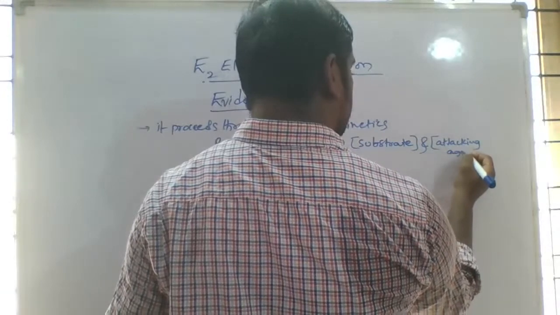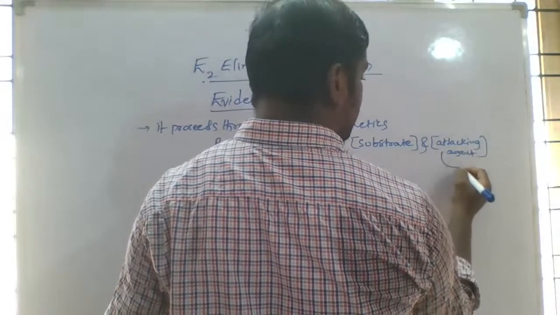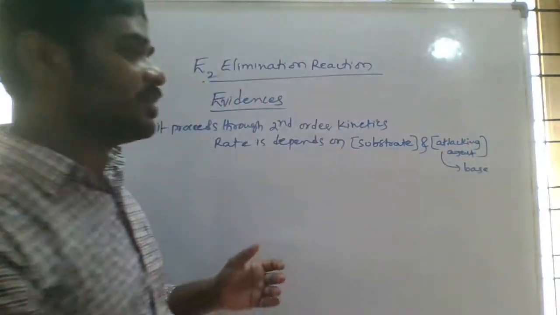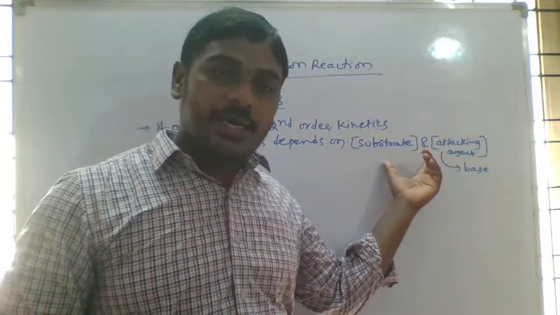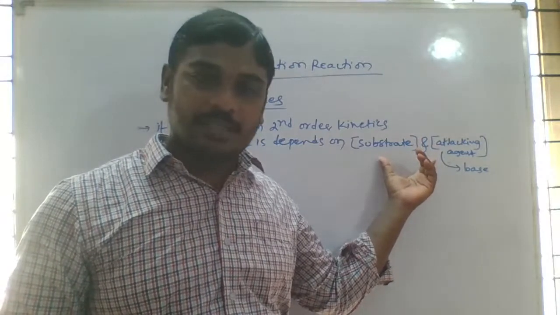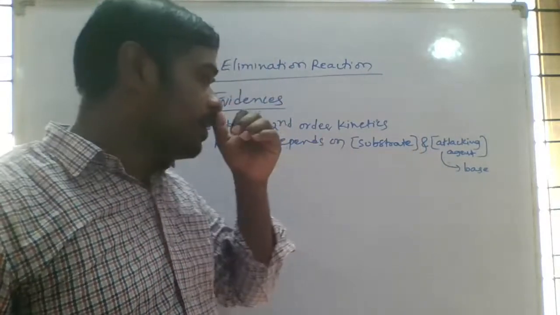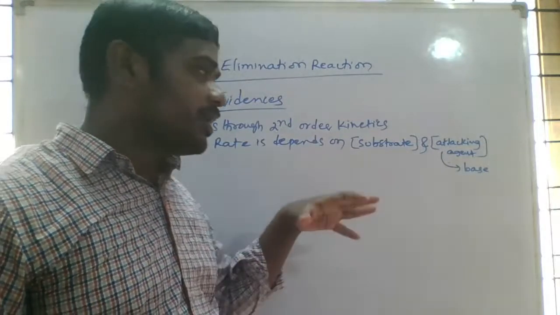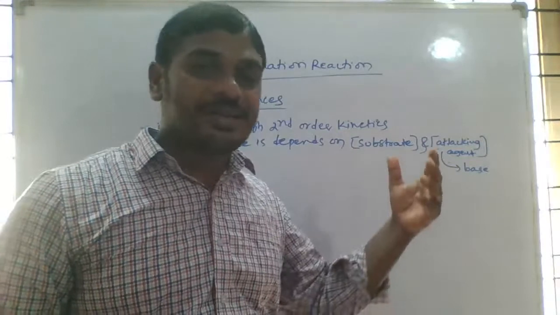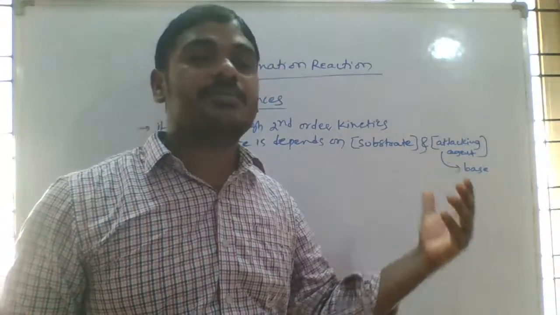The attacking agent is used as a base. So these two species are involved in the rate determining step. That's why the rate mainly depends on the species which are involved in the rate determining step.